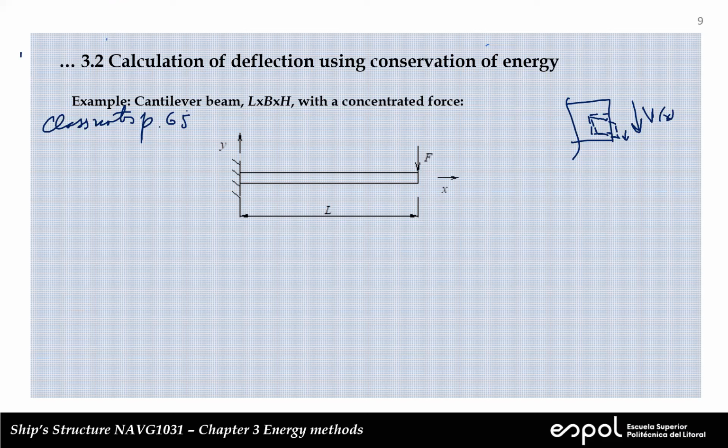So we have a cantilever beam with a concentrated force on the right end. Of course, we assume that it's prismatic, so the section is constant over the whole length of the beam.